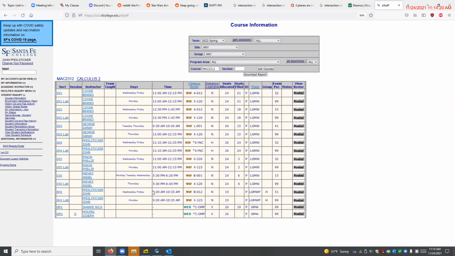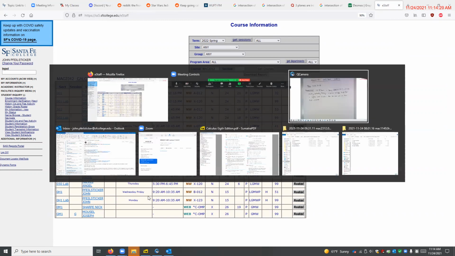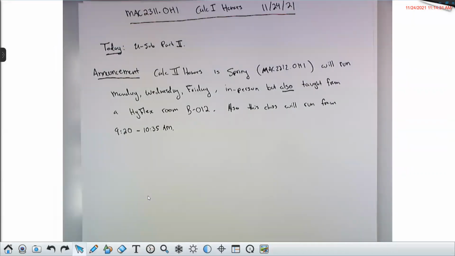Yeah, they fixed it. All right. So the times when you look this stuff up in Santa Fe should be accurate now. B12 is the room, 9:20 a.m. is the starting time. And that is how it should stay. So we've bounced it around a few times trying to find something that works. This is the best thing that we've been able to come up with so far.